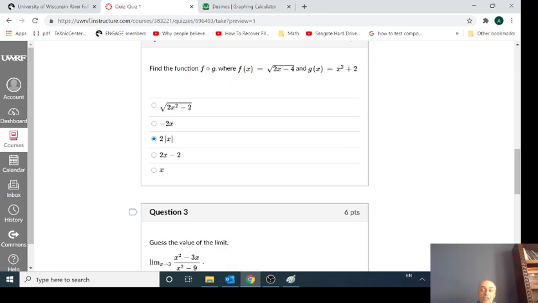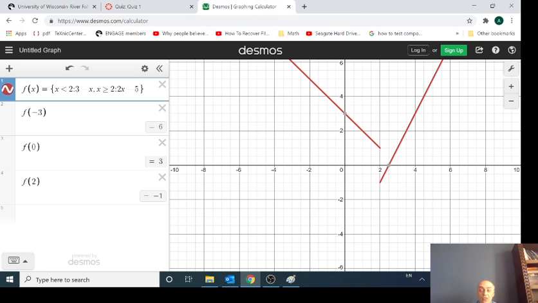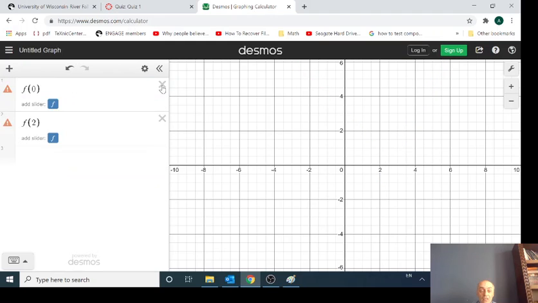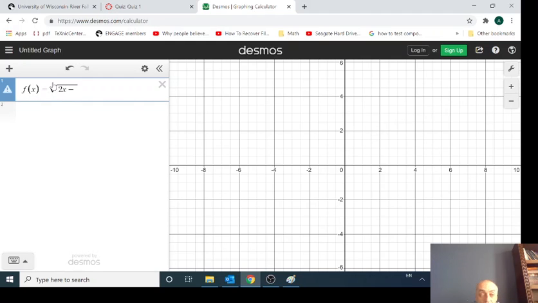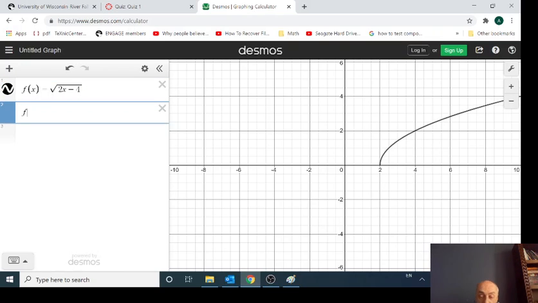You can go to Desmos and graph this thing. Let me delete these things. So f of x here, folks, equals sqrt of 2x minus 4. And we said that g of x is, oh, I'm sorry, typing something incorrect.